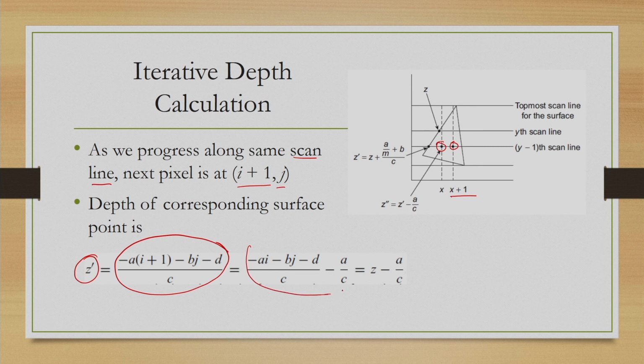After expanding and rearranging, we can get this form. Now, this part we already know to be the depth of the point I j. So, we can simply say z dash, the new depth, is z minus a by c, and here you can see this is a constant term. So, for successive points we can compute depth by simply subtracting a constant term from the previous depth. That is the iterative method.